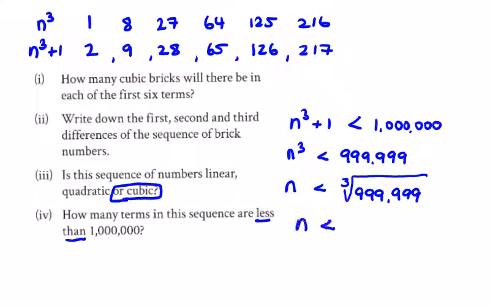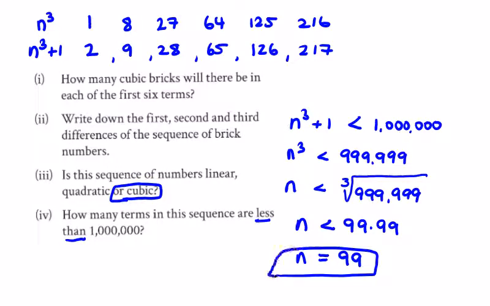So n is going to be less than 99.99. I'm sure you could see the answer is pretty obvious doing it a different way. So the 99th term will have less than a million. The 100th term is going to be 100 cubed plus 1, which would be 1,000,001. So that won't work for us. So it's definitely the first 99 terms will be less than a million.